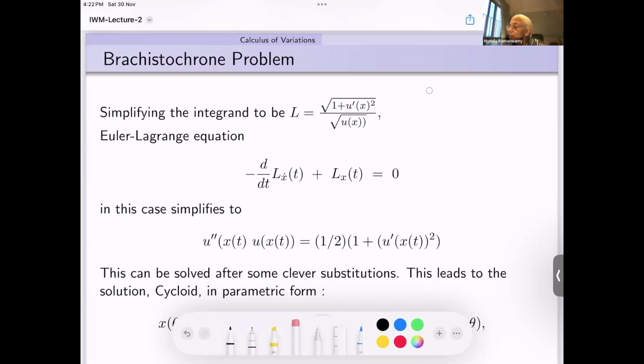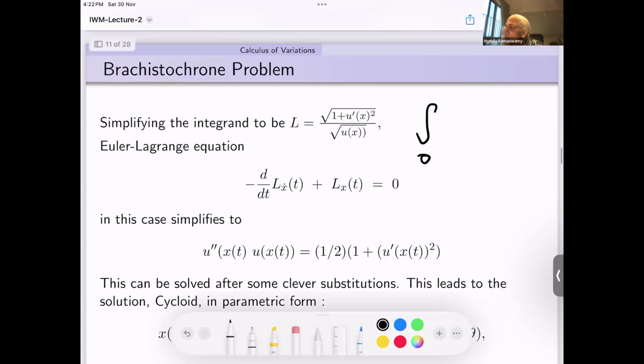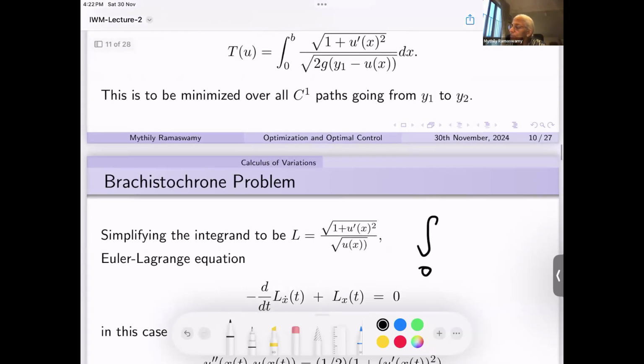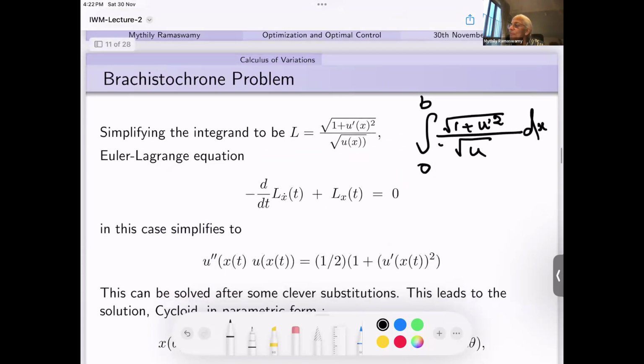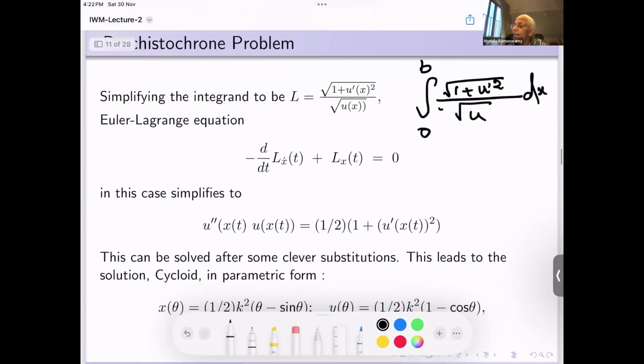I have the integral from 0 to b of square root of 1 plus u prime square by square root of u dx. This is my J and this is the L. The integrand is the L. So what is the Euler-Lagrange equation in this case?